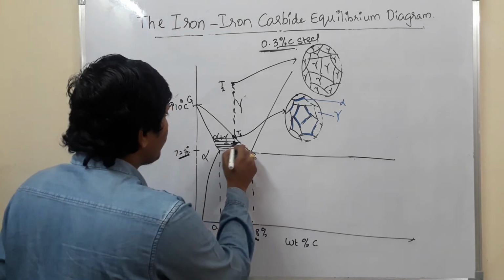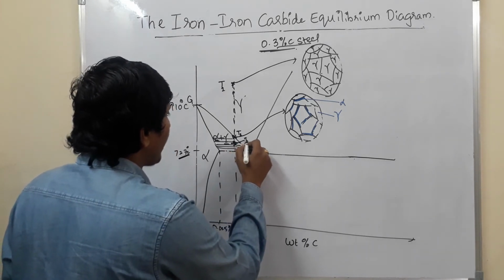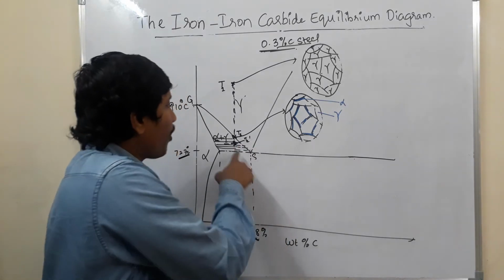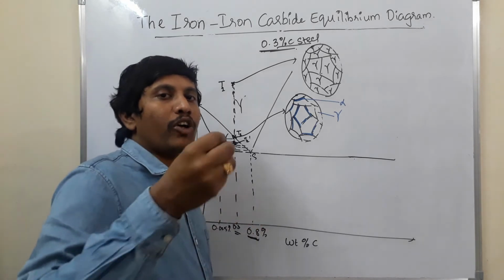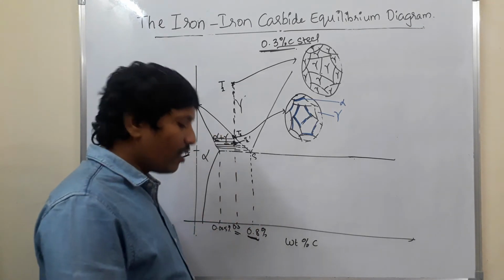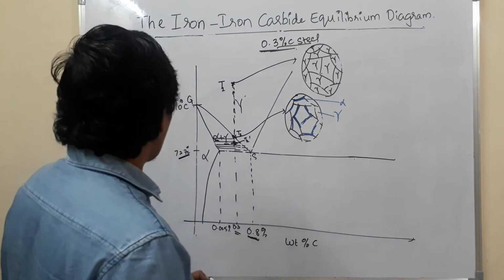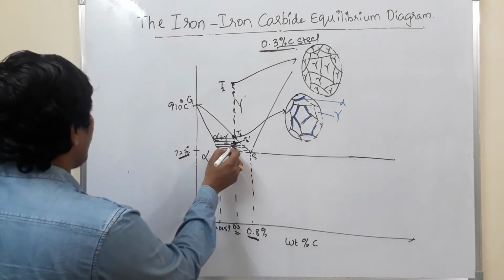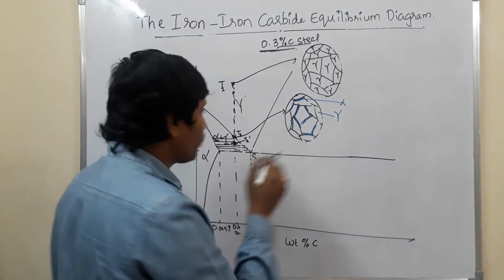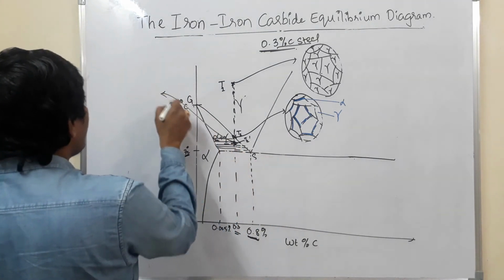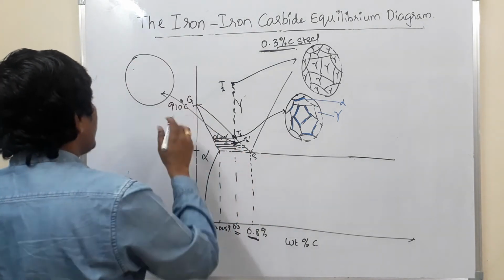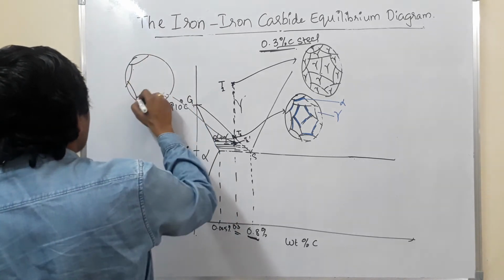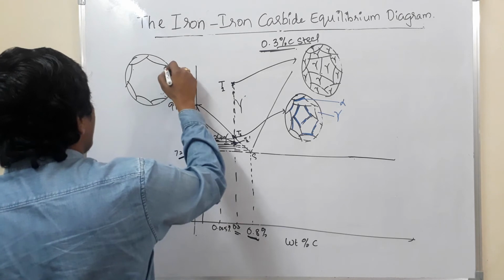Suppose I take a point over here, let us say T2 dash. At T2 dash there is some pro-eutectoid ferrite formed. How does the microstructure look? I am drawing the microstructure at this point T2 dash. It contains gamma grains and pro-eutectoid ferrite.